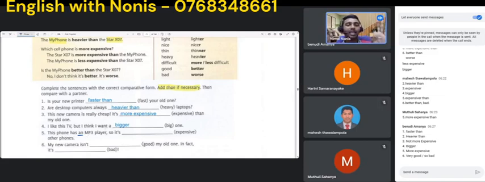Vowel letters are A, E, I, O, U. But they have used an here. What's the reason? Because when you say M, the first sound that comes out is A. Because of that, they have used the article an.